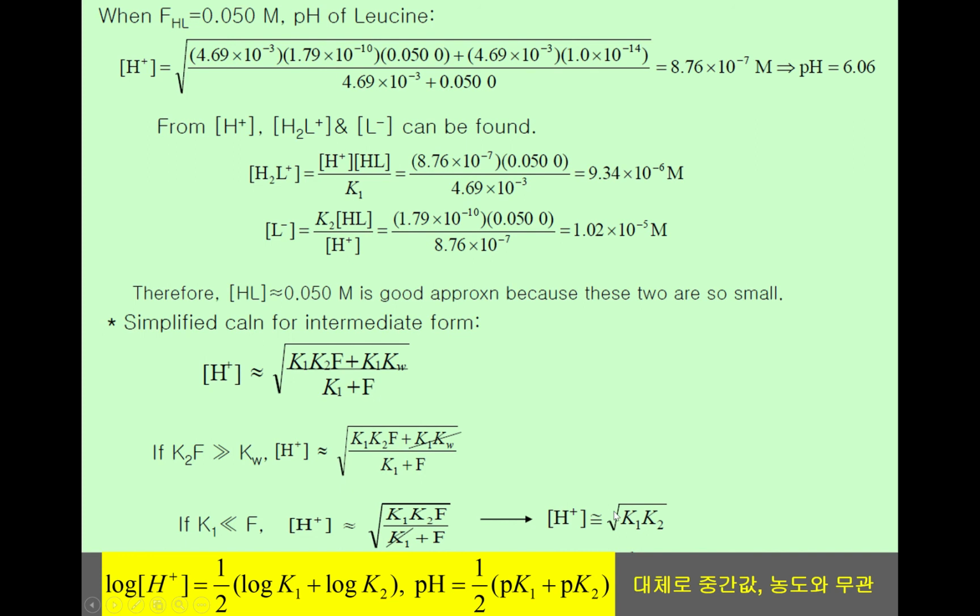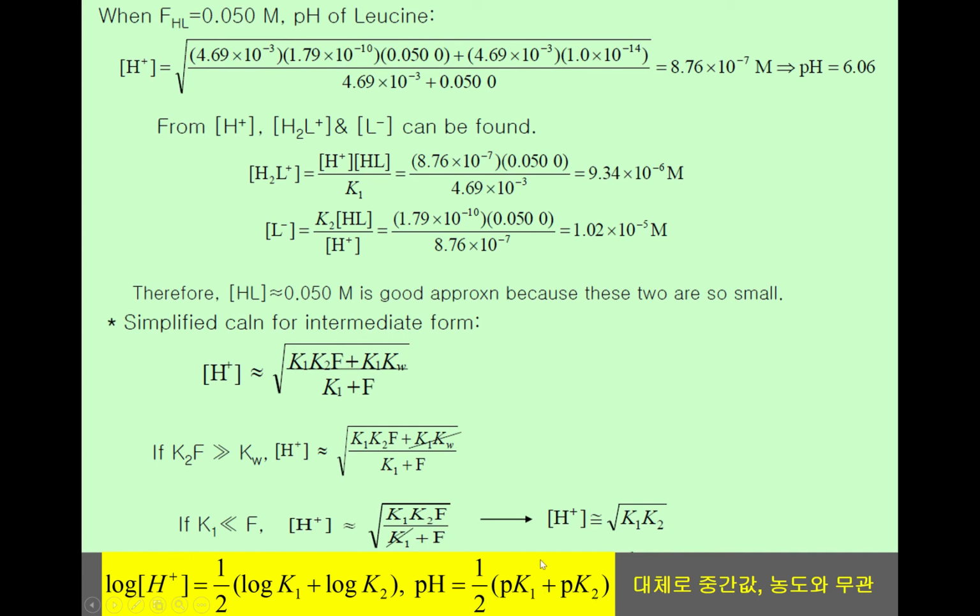When you take a logarithm on both sides, we get that the pH is simply one half of the sum of pK1 plus pK2. This is the second approximation.